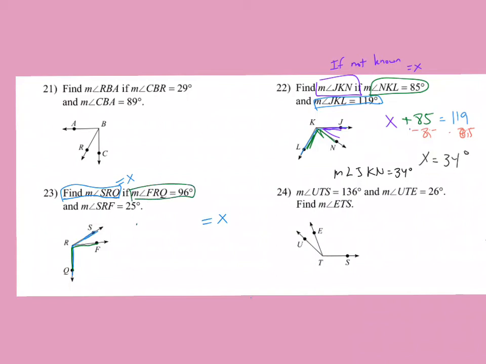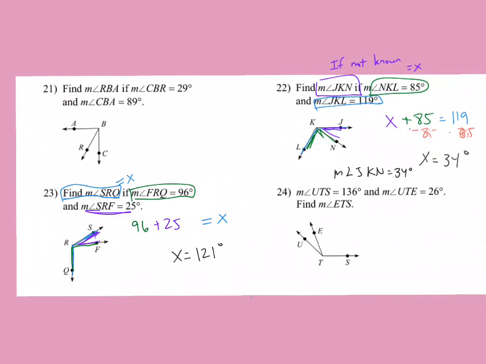That's 96. And then I have a purple piece, SRF or FRS, so I'm going to say plus 25. Now this one's really easy. It's not even solving at all. I just say X equals 96 plus 25, which is 121. And it's a degree symbol. Don't forget your degree symbol or you're not telling me the right answer.